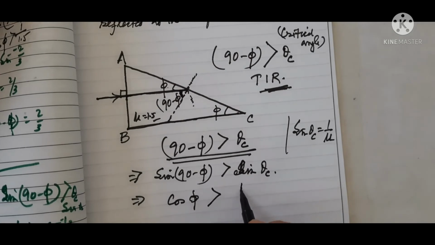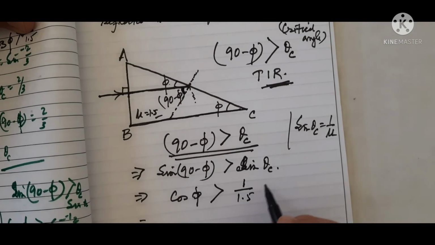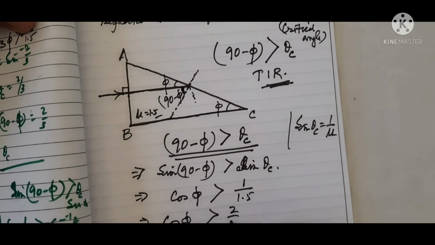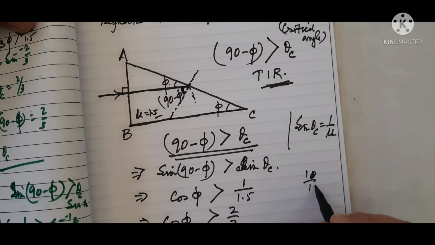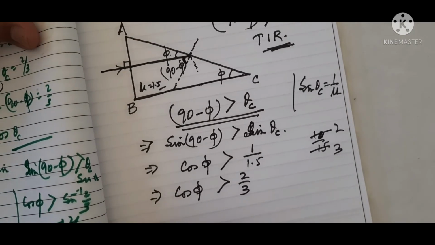So in place of 1 by mu, I am writing 1 by 1.5, so cos phi is greater than 2 by 3. Why 2 by 3? 10 by 15, that is 2 by 3.